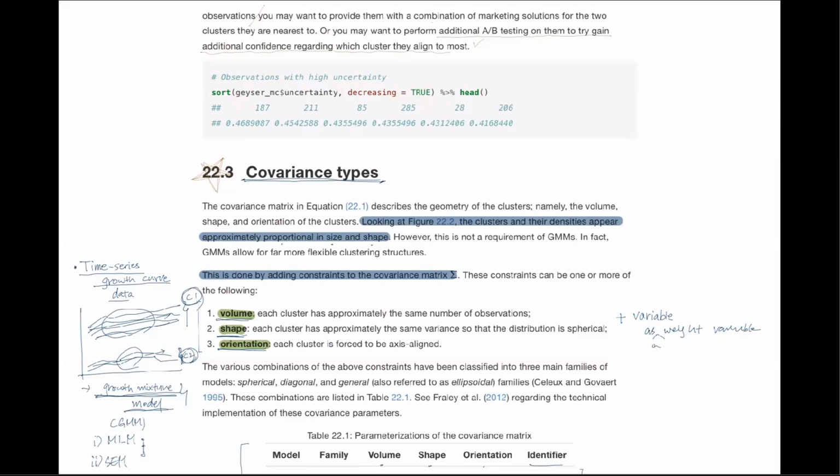After that, I also suggest that whenever we finish the clustering, what we get is a table with observation 1, 2, 3, etc., and the result of which cluster each belongs to: cluster 1, cluster 2, cluster 3.